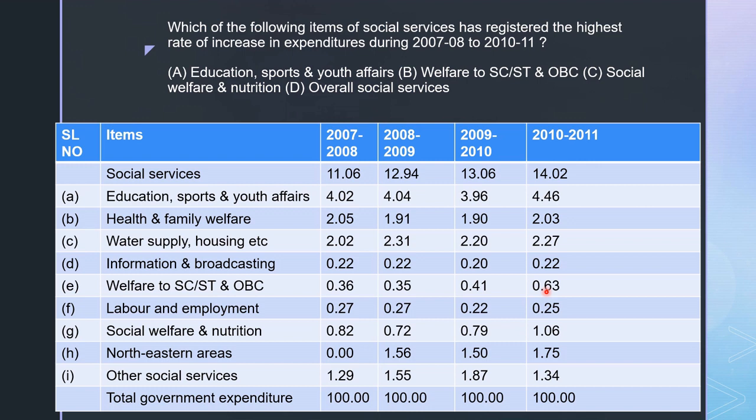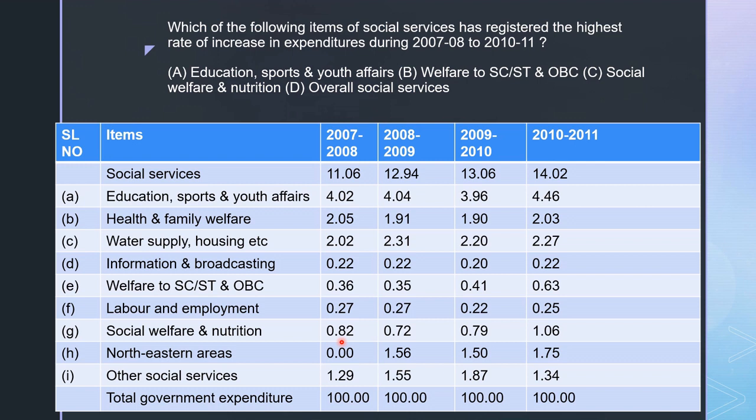Next option is social welfare and nutrition. The value in 2007-08 is 0.82 and in 2010-11 the value is 1.06. So how do we calculate? 1.06 minus 0.82 divided by 0.82 into 100. So we get the percentage rate of increment value.